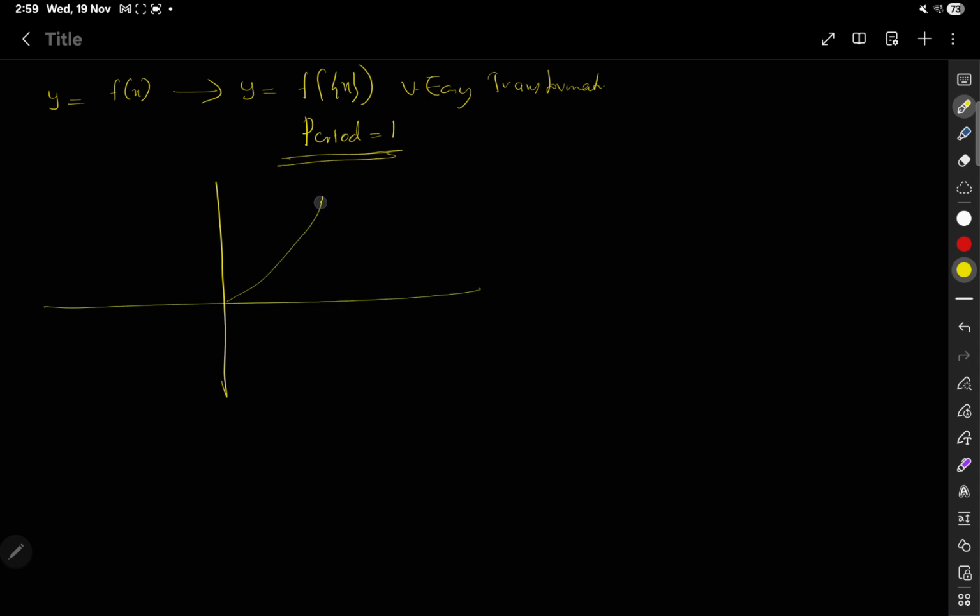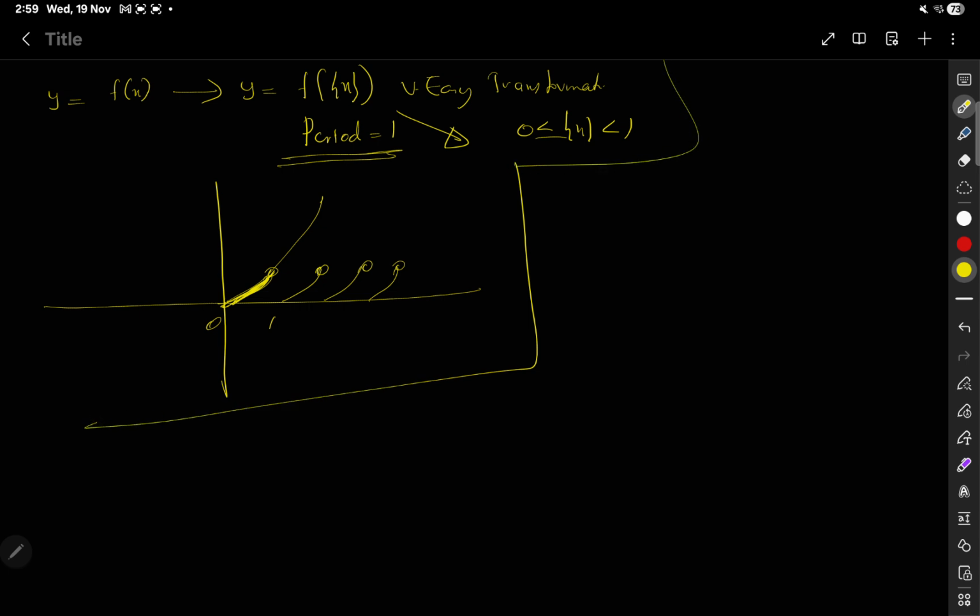So you have a graph something like this. Then what you need to do, what is the input of f fractional part x? It lies between 0 to 1. So whatever graph you draw, it's between 0 to 1, open, then repeat this graph. That's it. Okay, that's the transformation, nothing else. So we'll do a question.